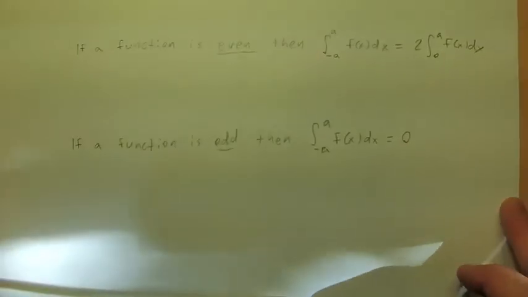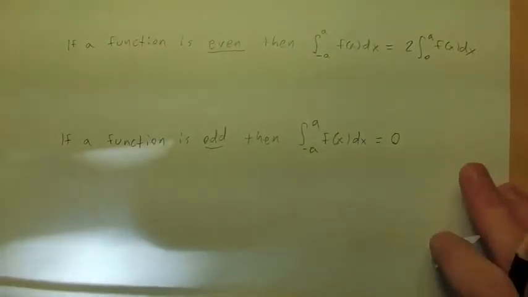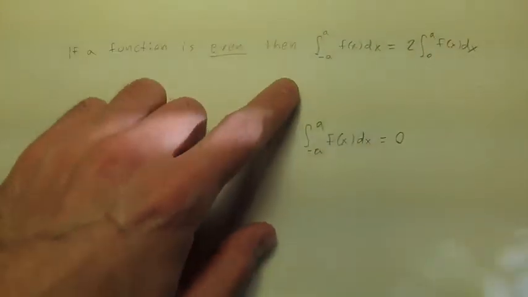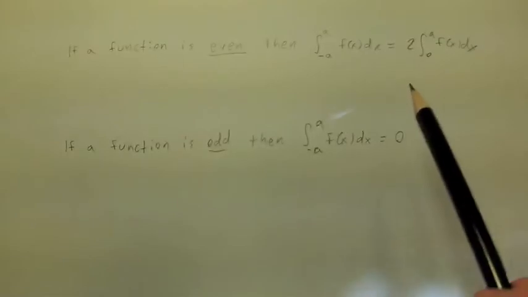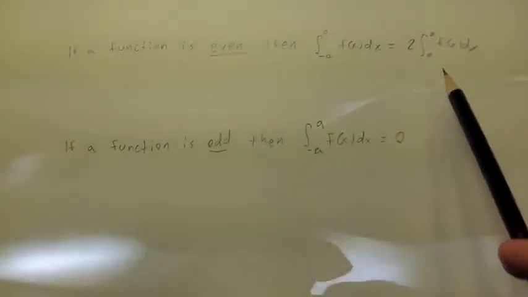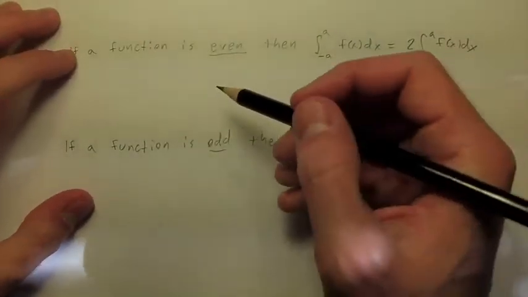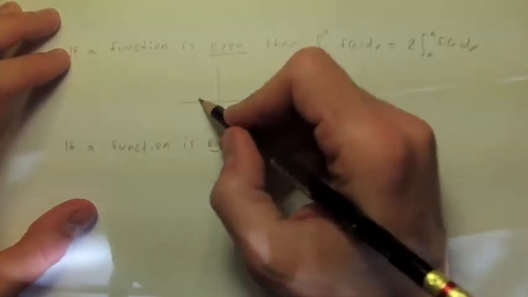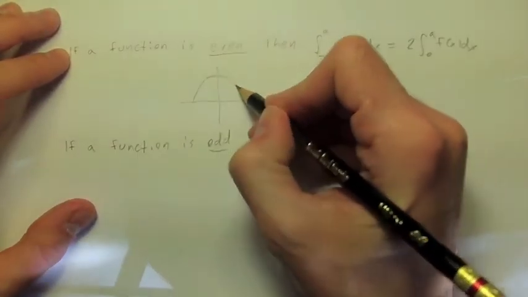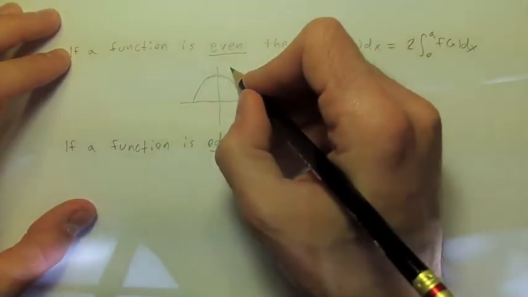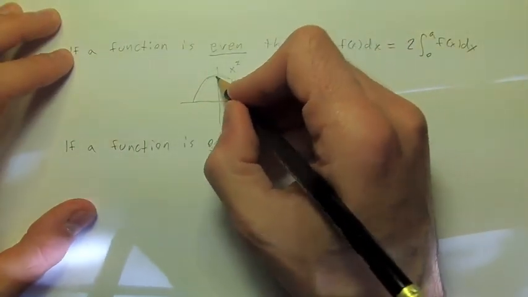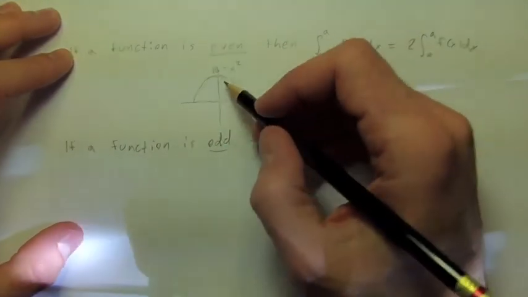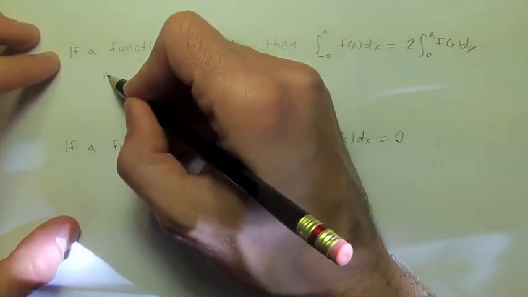Here's the property. It basically boils down to even and odd functions. So if a function is even, then the integral from -a to a of f of x dx is 2 times the integral from 0 to a. Where this comes from is if you consider an even function, it would be something like this, maybe 16 minus x squared. Even is symmetric about the y-axis.